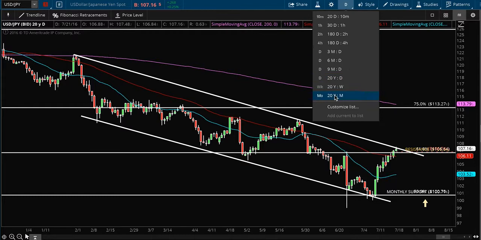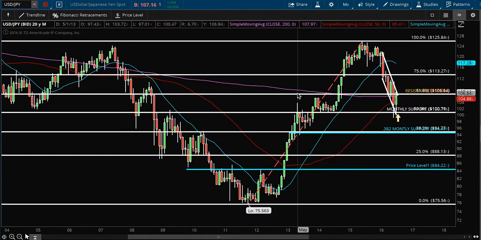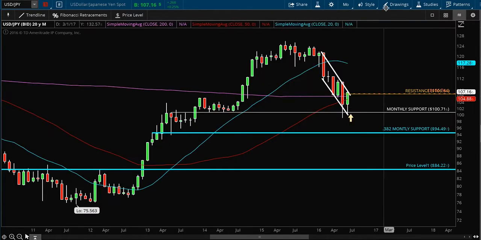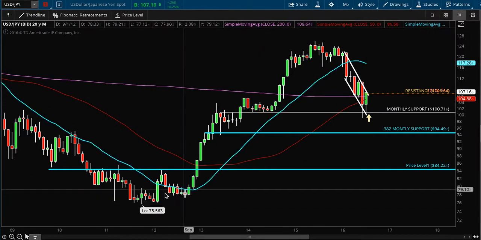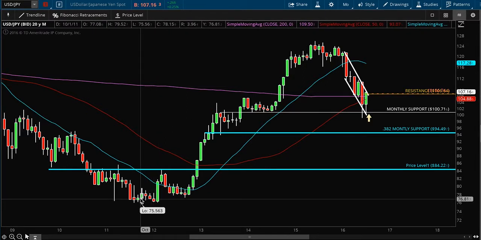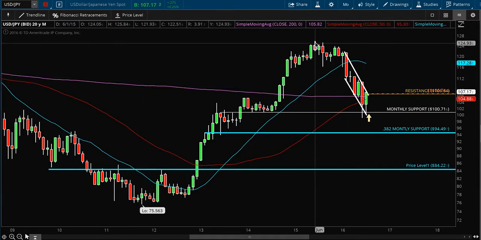I want to look at the monthly time frame now, and I'll show you how I got my fib levels here. So I'm looking at a monthly time frame, and I'm zooming all the way out. I want you to look at the low of 75.56 here back in October 2011. And you can see the high here, June 1st, 2015.